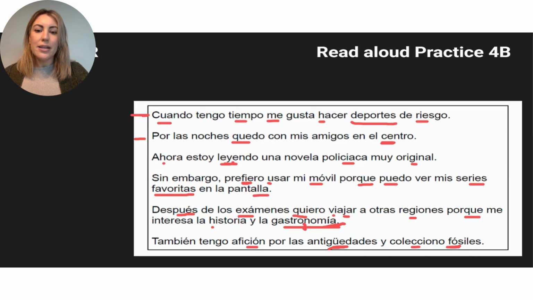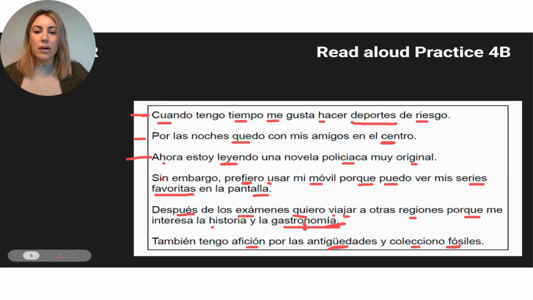Ahora estoy leyendo una novela policíaca muy original. Leyendo, so letter Y between 2 vowels sounds J, like double L. So now I am reading a police novel, so like a thriller, is very original. So a very original thriller.